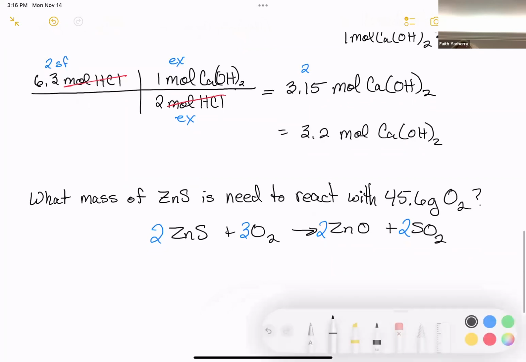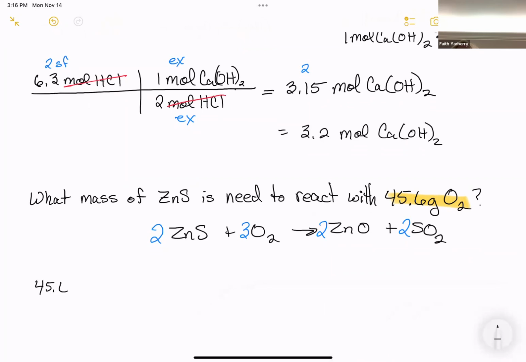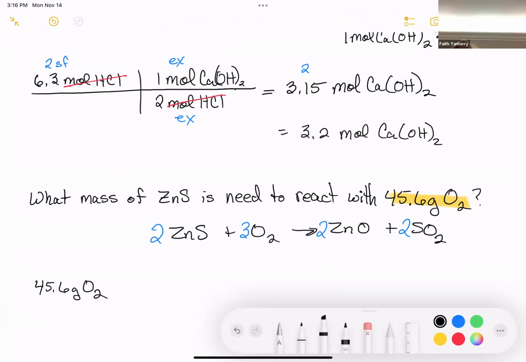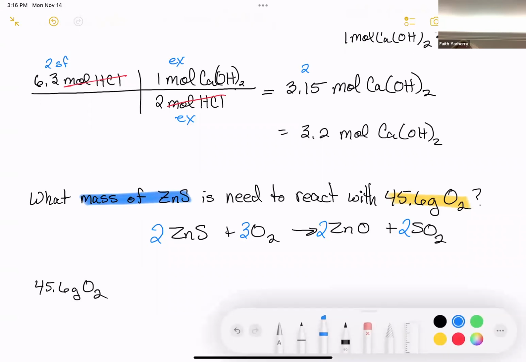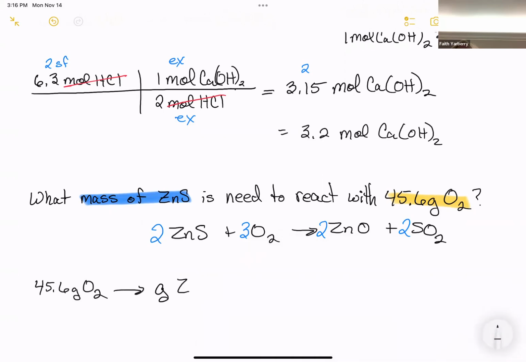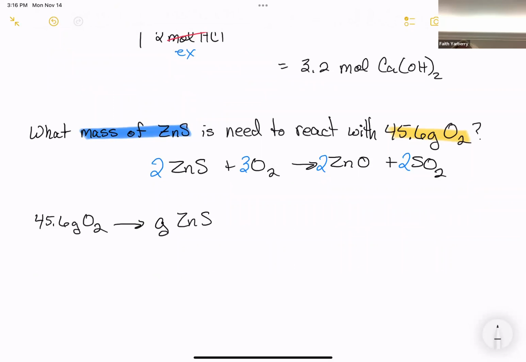So I identify what I was given. I was given 45.6 grams of oxygen. You identify what you want to solve for. I need mass of zinc sulfide. So in other words, I want grams of zinc sulfide. Now we start tearing this thing apart.